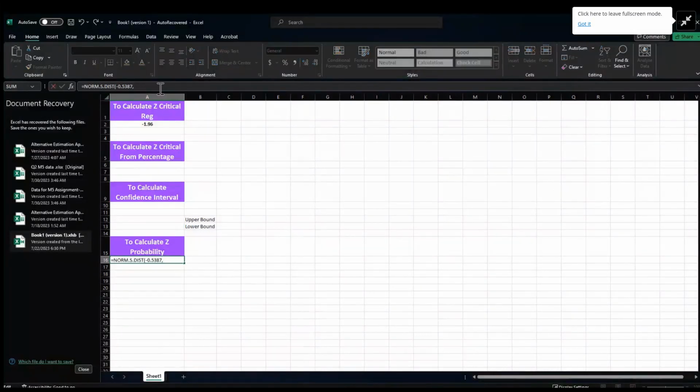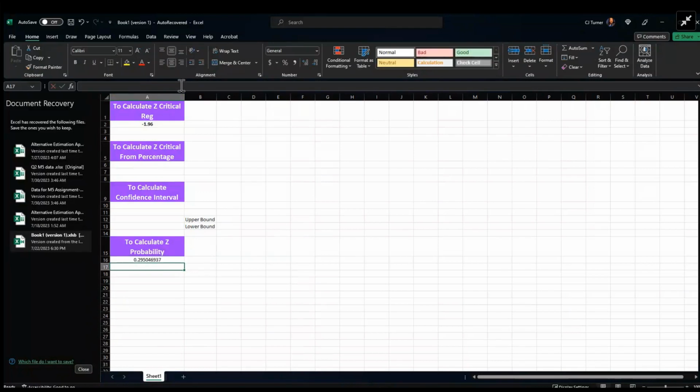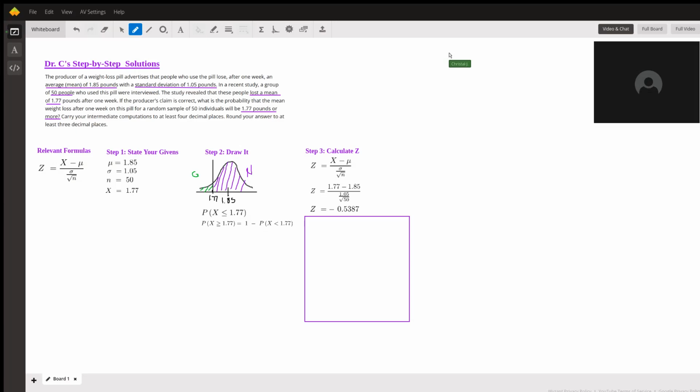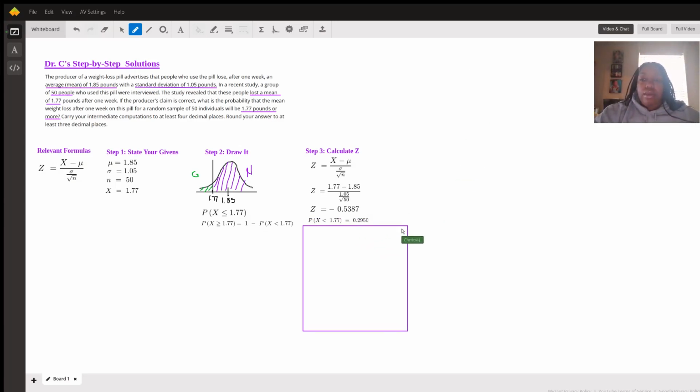You use NORM.S.DIST, and we put in negative 0.5387, then true, under the standard normal distribution, and that gives us roughly 0.2950. Granted, that's what we were given, but based on what we've been drawing, that is not what we need.